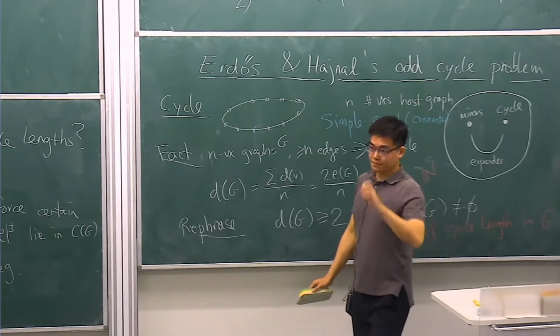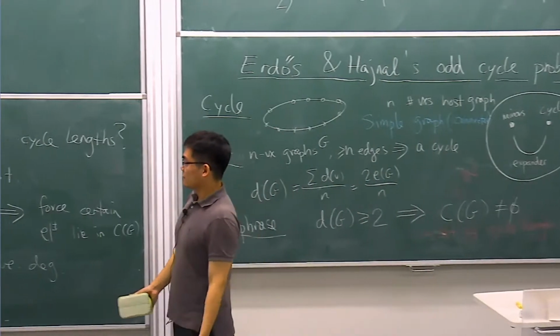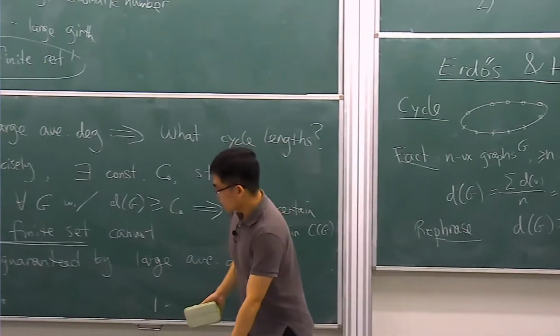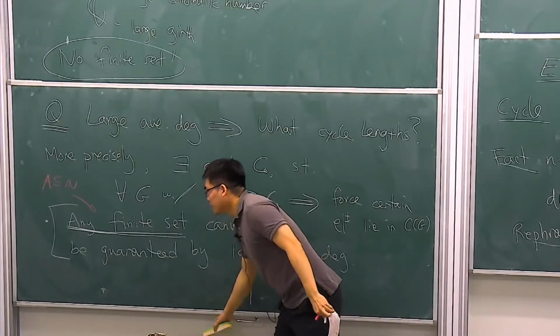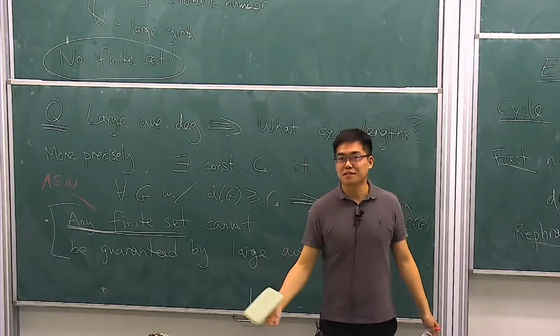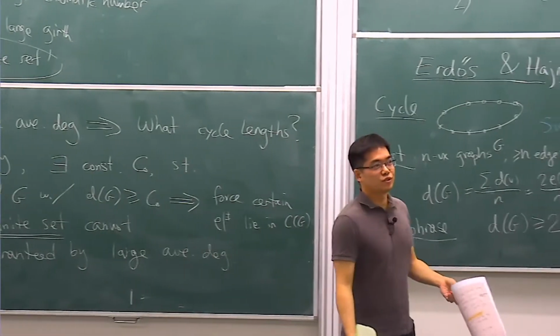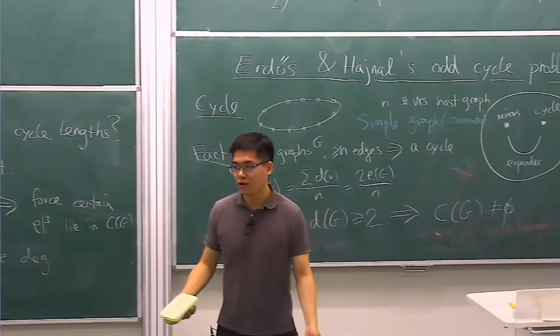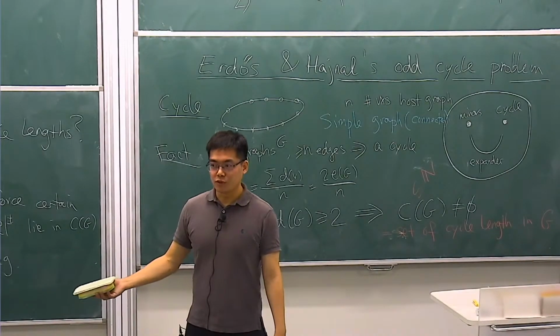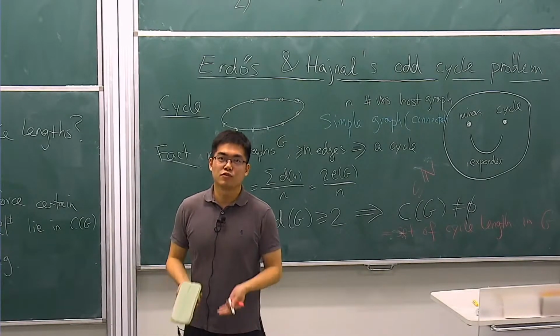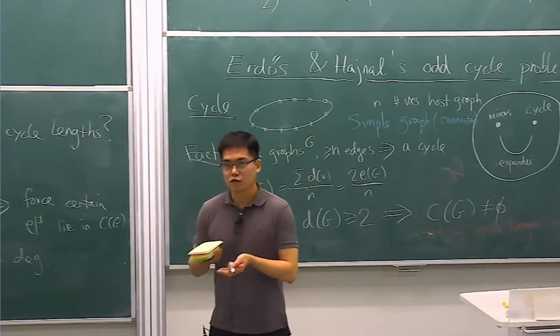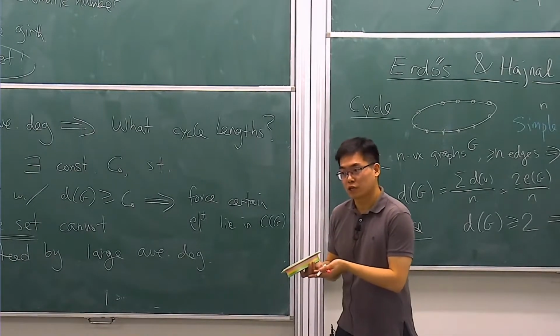Right, so that's what guaranteed means. In a sense, here I am a little informal. By guarantee, I mean that when my average degree is sufficiently large, we for sure will see a cycle. And if you have to prove that for sure you will see something, then you have to be able to embed it using large average degree. Yeah?